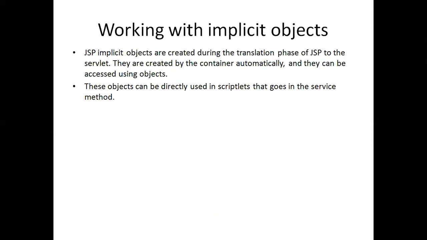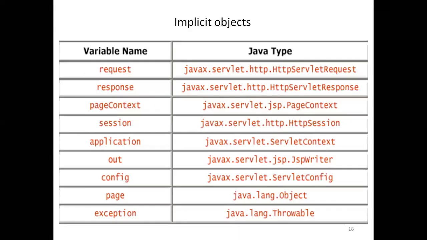These implicit objects are created during the translation phase of the JSP to the servlet. They are created by the container automatically, and they can be accessed using the object names. Implicit objects are directly used inside the scriptlets that go inside the service method.